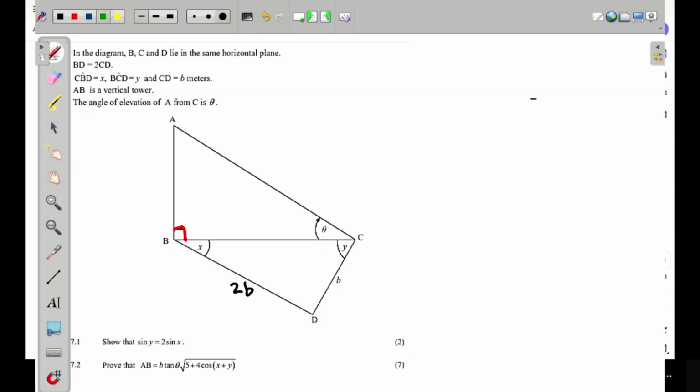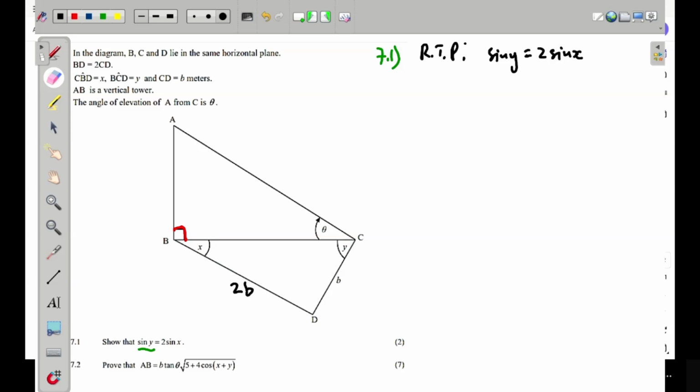You have a sine y in your solution. Let me write this question here in case you don't see it. We are required to prove that sine y is equal to 2 sine x.